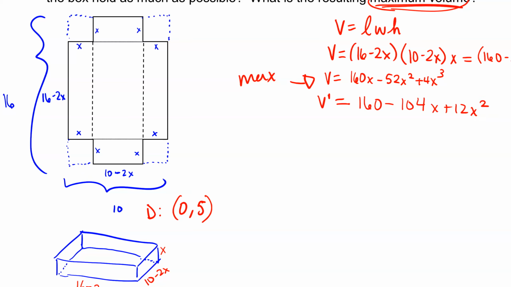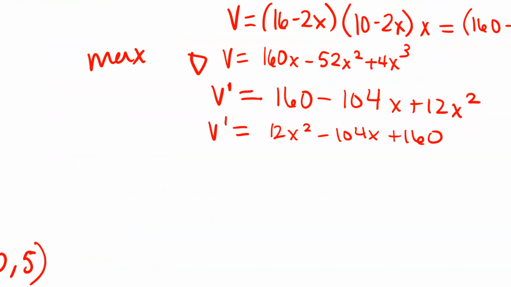Okay, let's make it a little easier. I'll rewrite it. 12x squared minus 104x plus 160. Remember how to find max and min? We take the derivative and set the derivative equal to 0 or undefined. So I need to factor this.